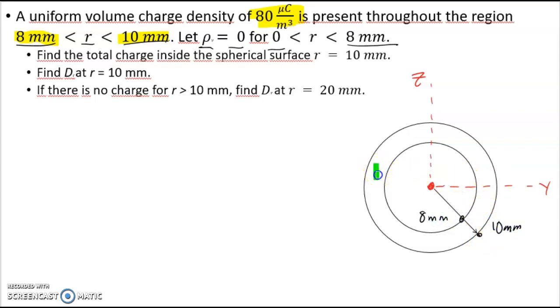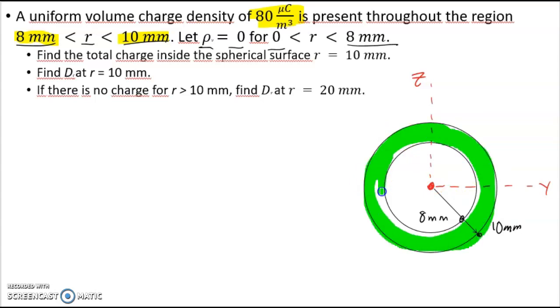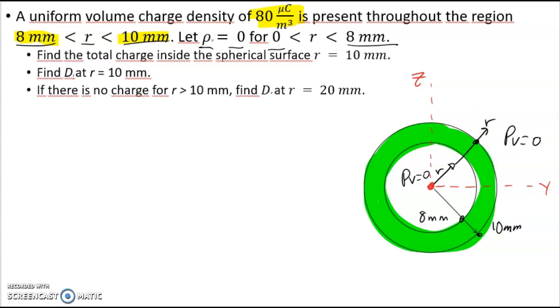Within these two positions, we get a charge distribution like this. In a smaller radius, for example in here, our charge distribution is 0. With a radius higher than 10 millimeters, we again have a charge distribution of 0.